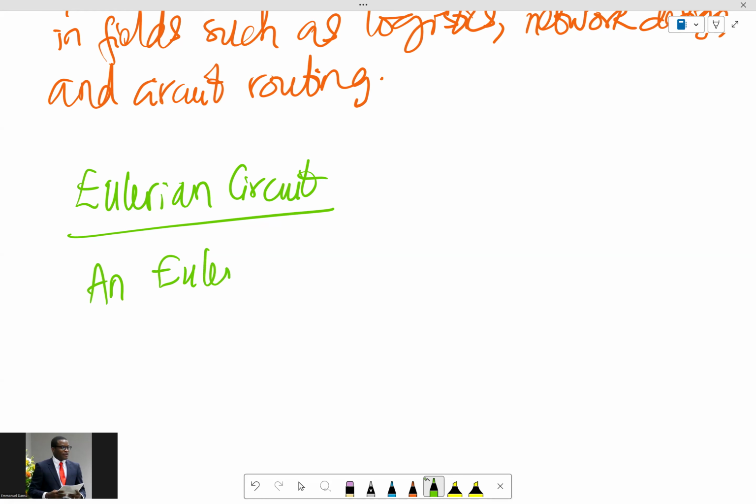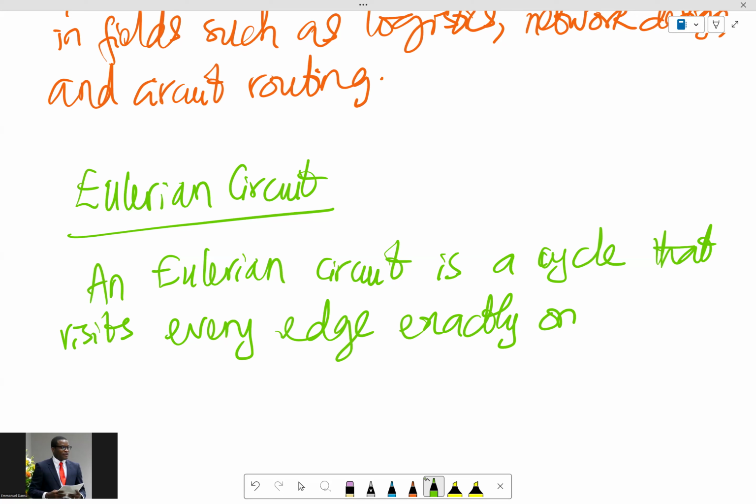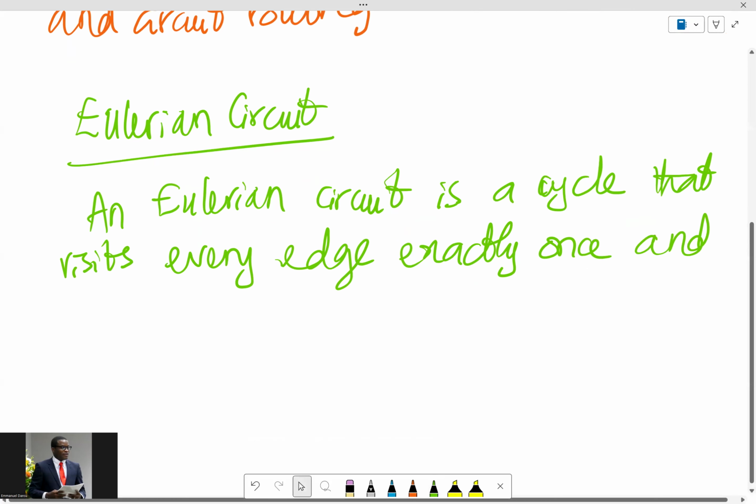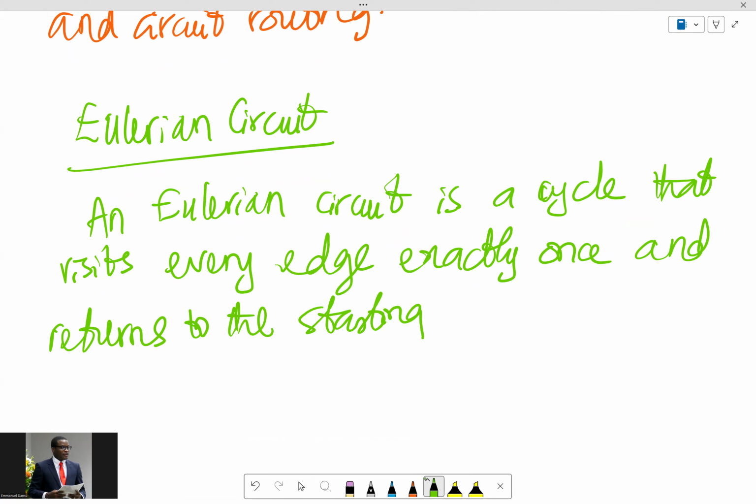An Eulerian circuit is a cycle. By now, we already know what a cycle is. A cycle is a closed loop. It's a cycle that visits every edge of a graph exactly once and returns to the starting vertex.